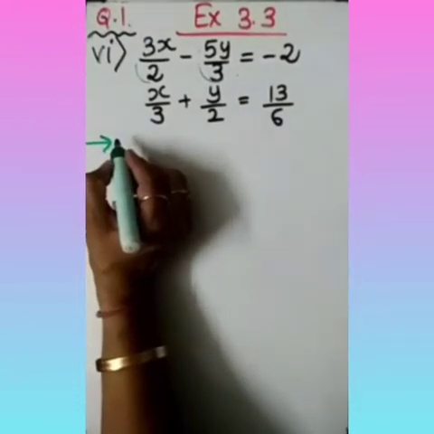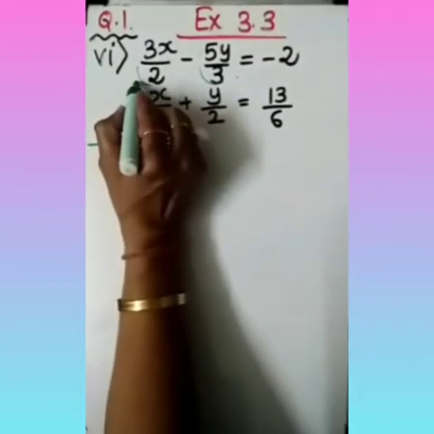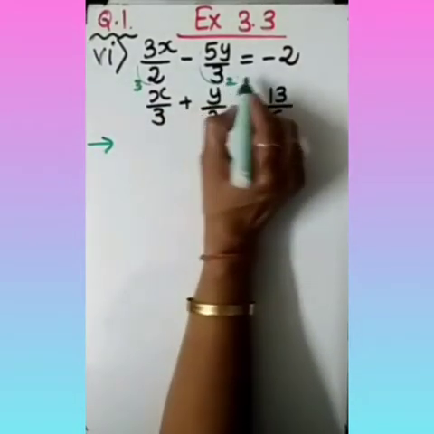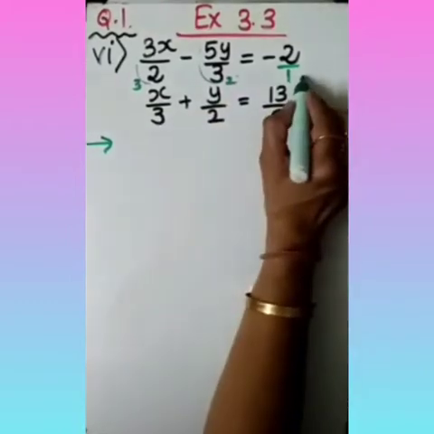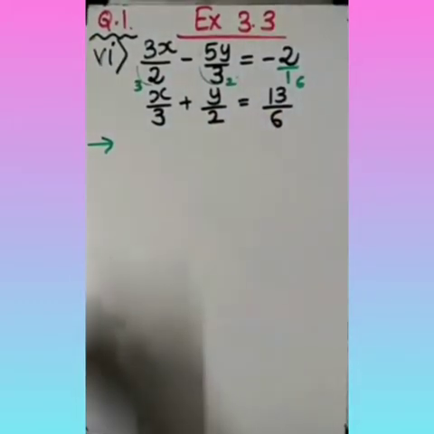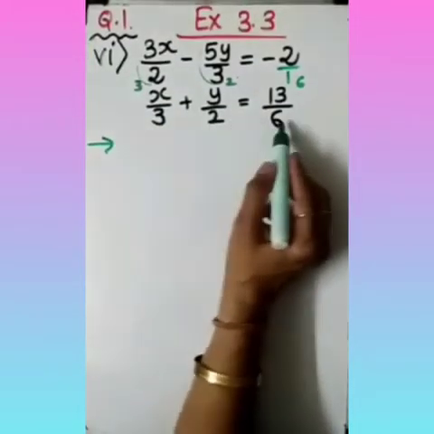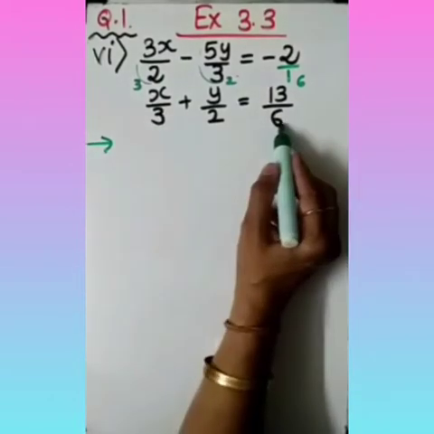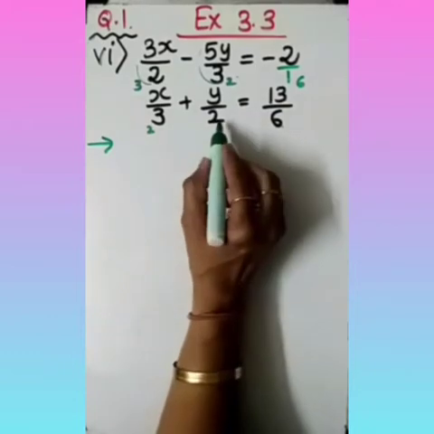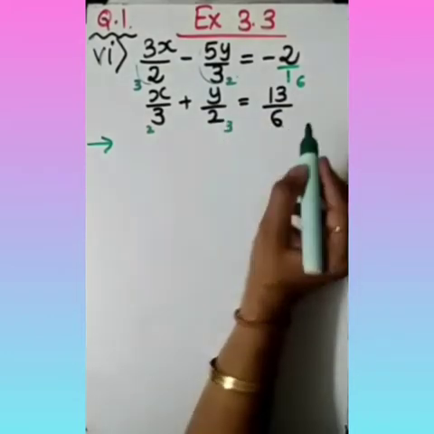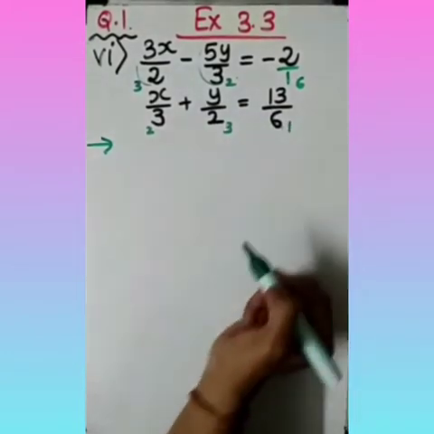So we will go with the LCM. Here it is 3 and here it is 2. Consider here it is 1. So 3 and 2, we need to multiply by 6. The LCM of these is 6. So here we need to multiply by 2; 2 is already there, so 3 twos are 6.